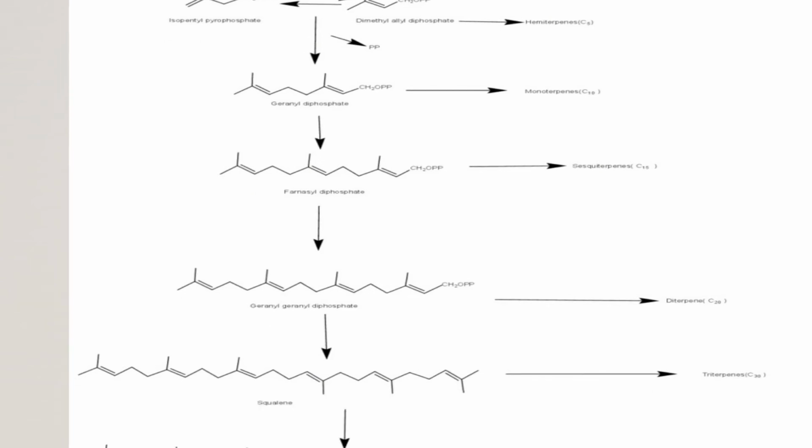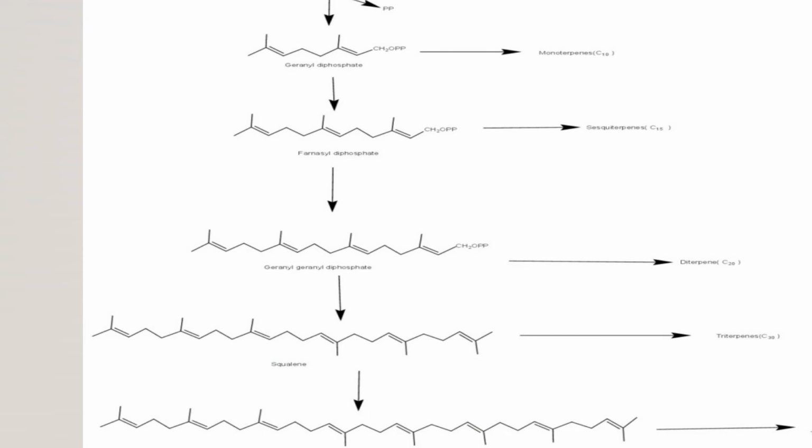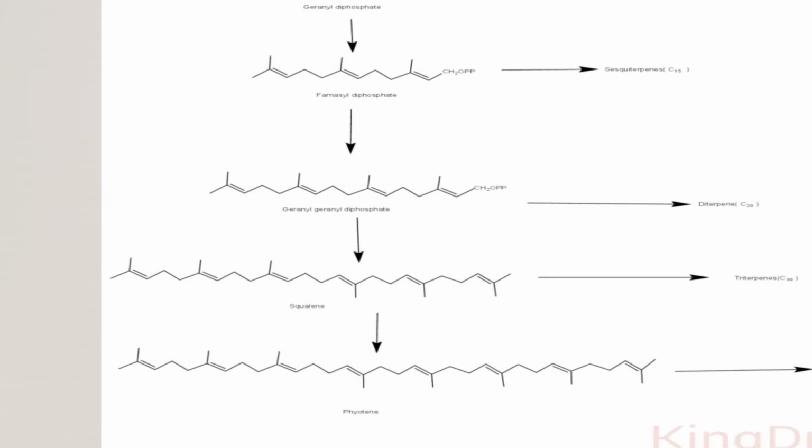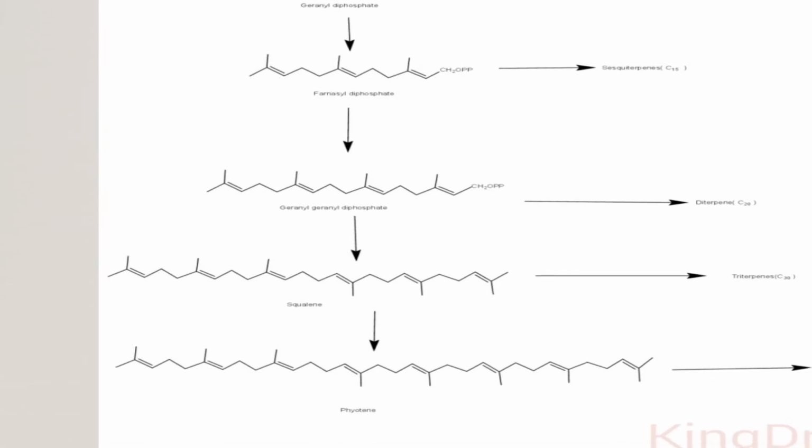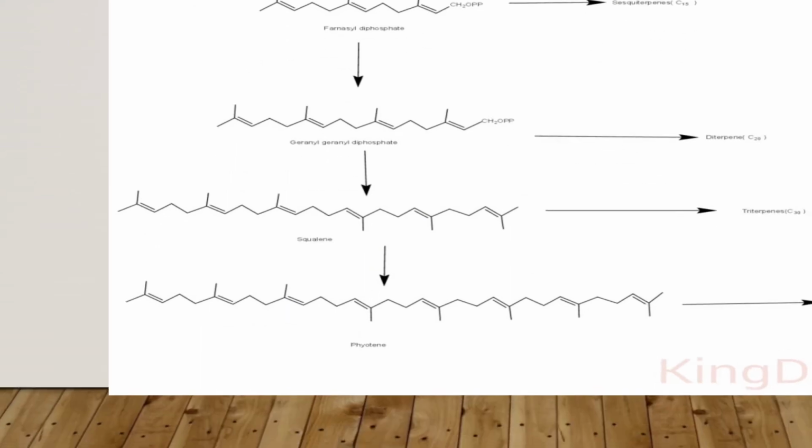Then one more IPP, isopentenyl pyrophosphate, is attached and it becomes a sesquiterpenoid, in which the carbon atoms reach C15. When one more IPP is attached, the total number of IPP units becomes four, and it is called a diterpenoid. That is how the carbon atoms reach 20.